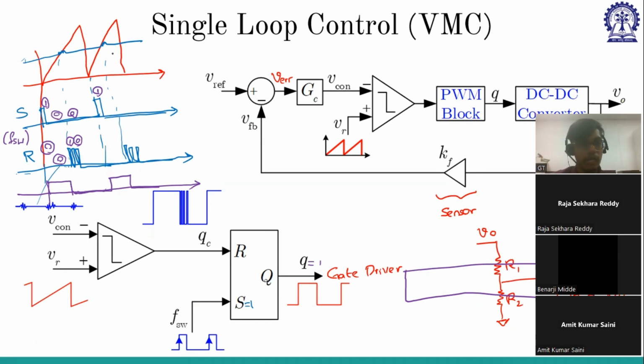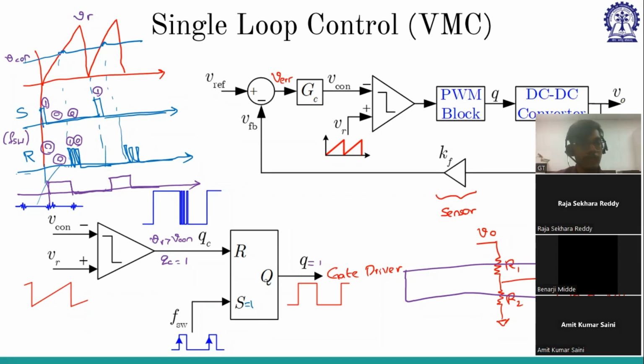Sir, when the V ramp is greater than V control, then only it will become 1. So the output is VR greater than VCon. Then QC is 1. So at this instant, VR is crossing VCon. So this is VCon, right? The blue is VCon, the red is VRAMP.